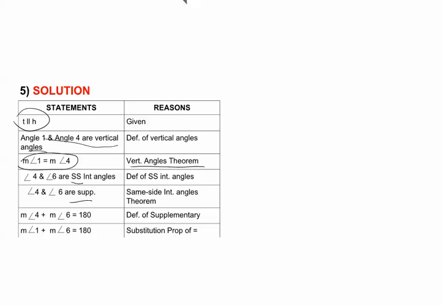Now from there, I can get that the measure of angle 4 plus the measure of angle 6 has to equal 180. And that's just the definition of supplementary. And again, I have to tell you they're supplementary before I use the definition. Last but not least, because we have this statement right here, I can substitute, instead of angle 4, I can put angle 1, and that's how I get this last statement. That's just the substitution property.